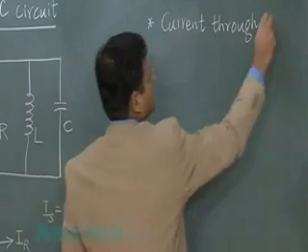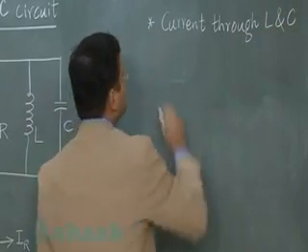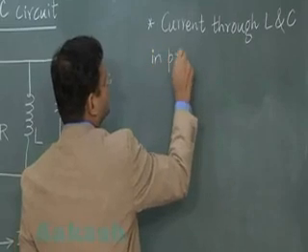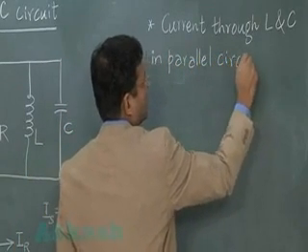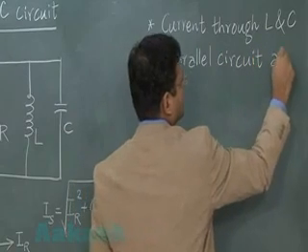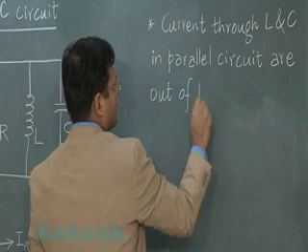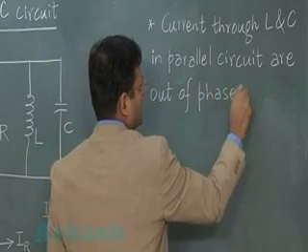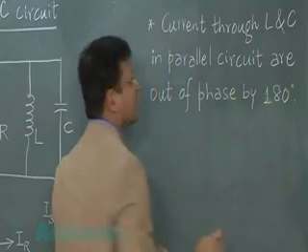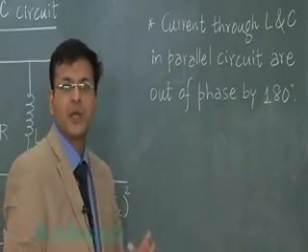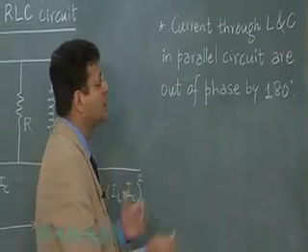Current through inductor and capacitor in a parallel circuit are out of phase by 180 degrees. Understand, the parallel circuit will have current through the inductor and current through the capacitor out of phase by 180 degrees.